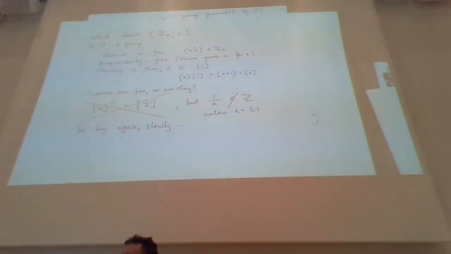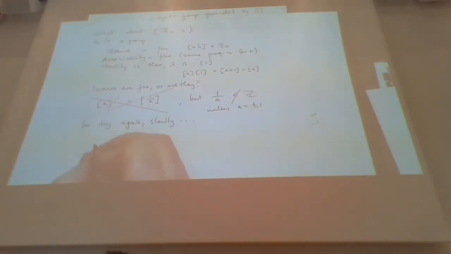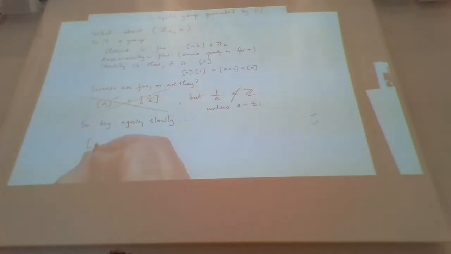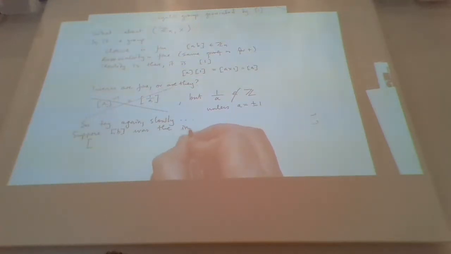What are we asking for when we're asking for inverses? Suppose a congruence class of B is the inverse of A. What this means is that the congruence class of A times the congruence class of B is the congruence class of 1.